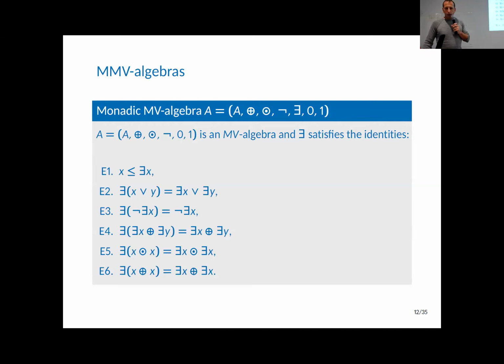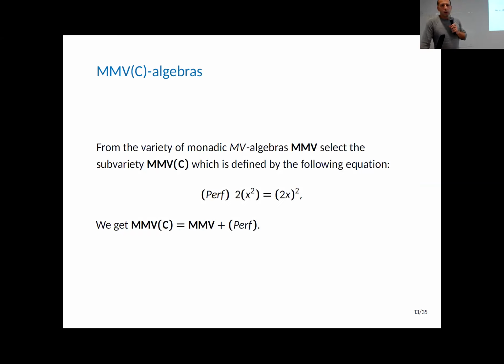And we will add one more axiom, which is this one. And this axiom actually defines the subvariety MVC from the variety of MV algebras. So this is the axiom that gives us the perfect MV algebras from all the other ones.